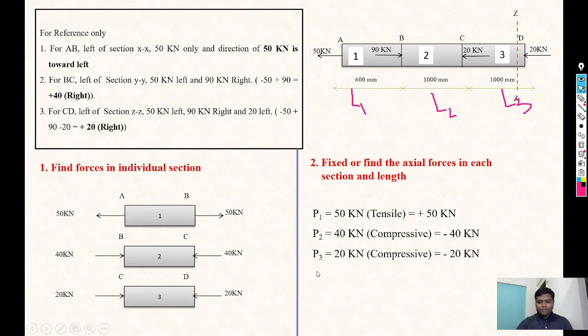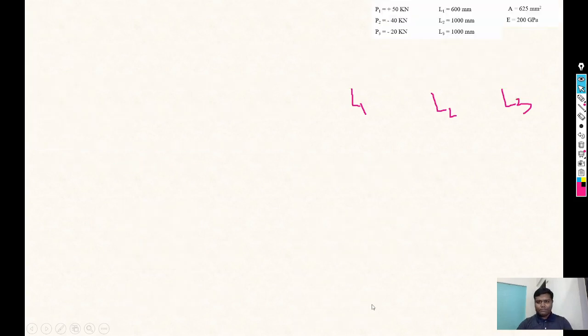P3 means axial force on the third section, this force is also compressive, so consider negative. And the lengths are already given in the numerical: L1 is 600, L2 is 1000, and L3 is 1000.